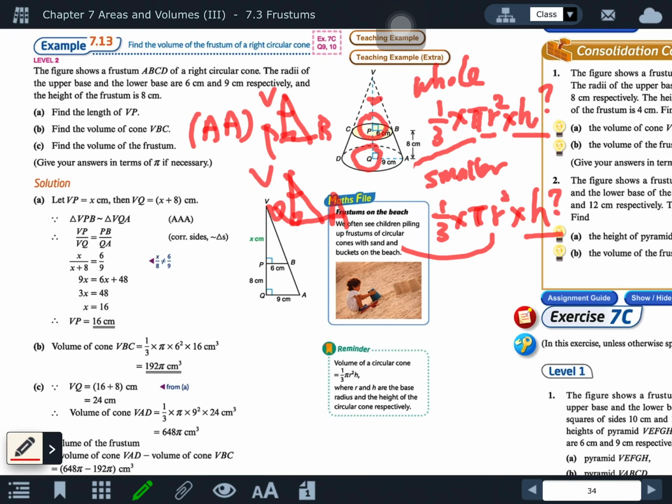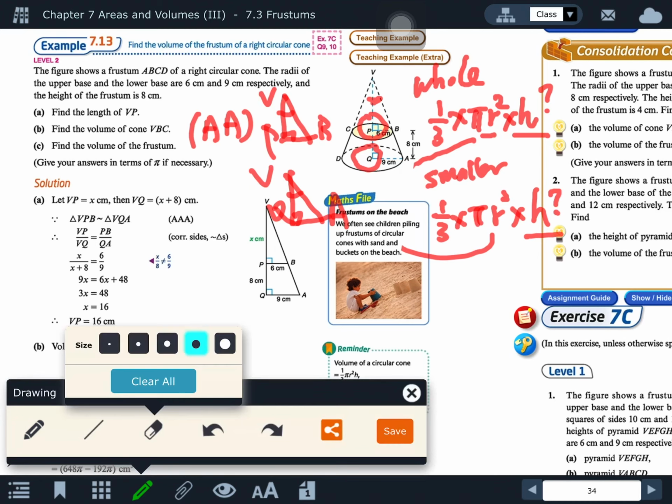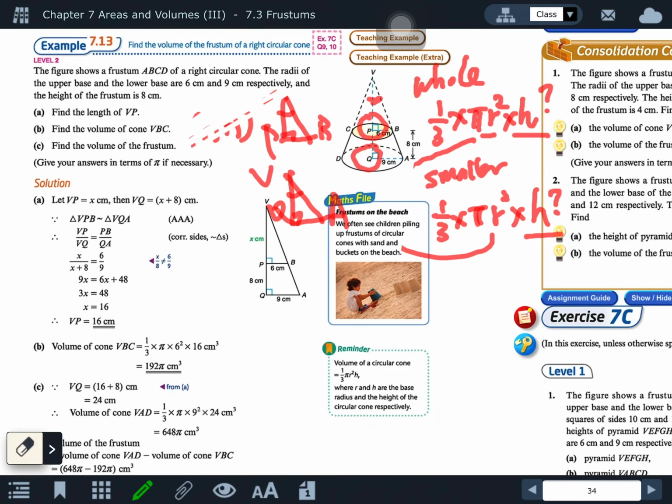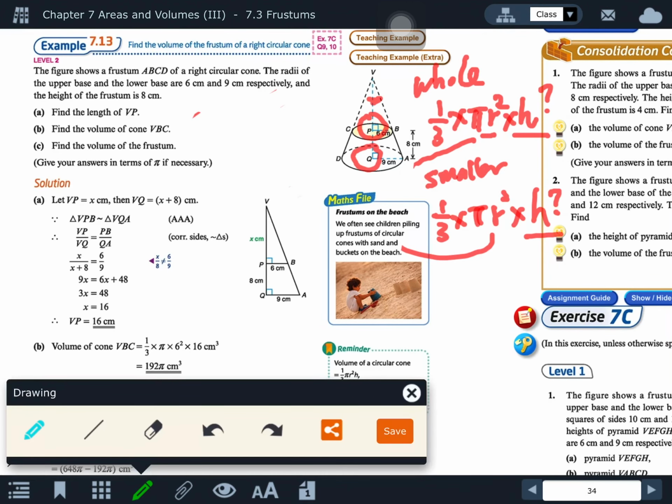So how can we use this similar triangle to help us find the height actually? By calculating the similar triangle, we have to use the ratio, because we know that this is a similar triangle. Therefore, we let VP be x in this case.